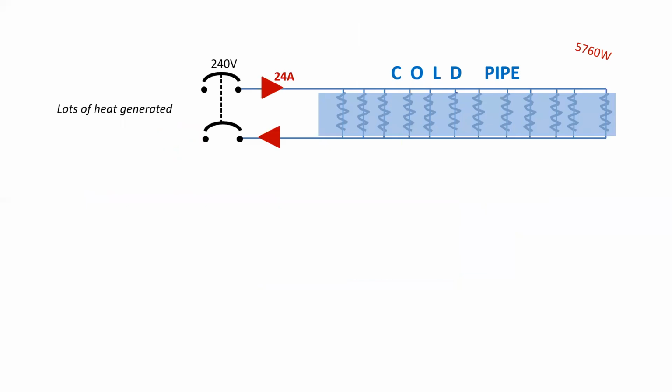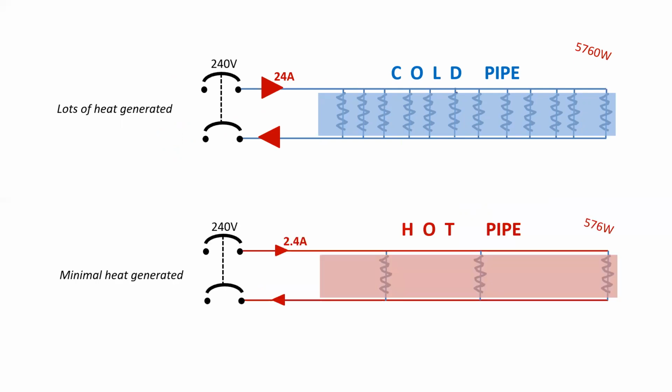So this would be heat trace on a cold pipe. And as you can see, a significant amount of current flows, which means a lot of watts of heat are being generated. Whereas on this system, we have it wrapped onto a hot pipe, only a very small amount of current will flow and a very small amount of heat is generated. In this way, it's self-regulating.